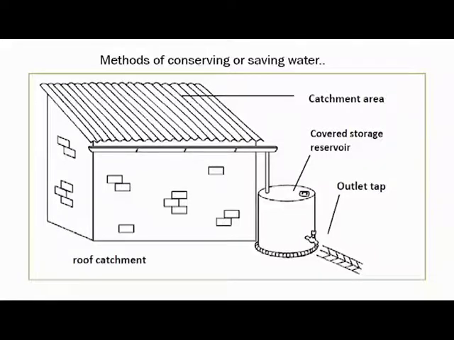So that is simply how rainwater harvesting can be done. Even in a rural area or rural community, and even in town, it can be applied in order to conserve water for household consumption.